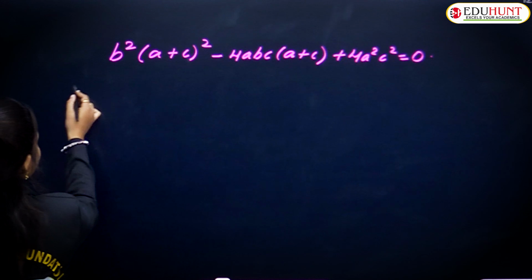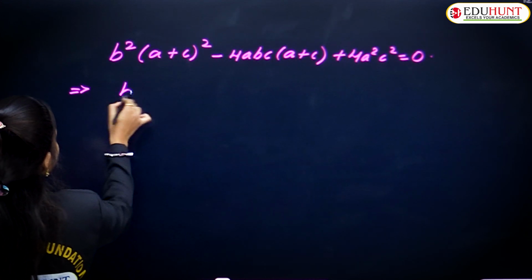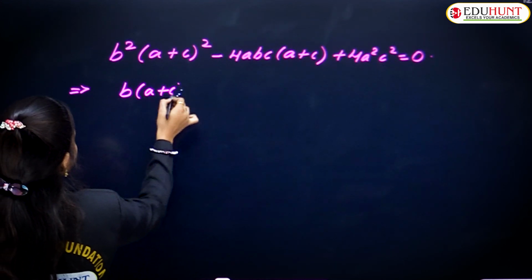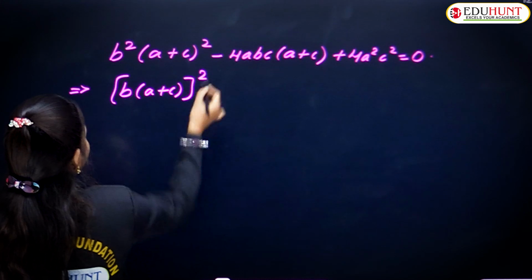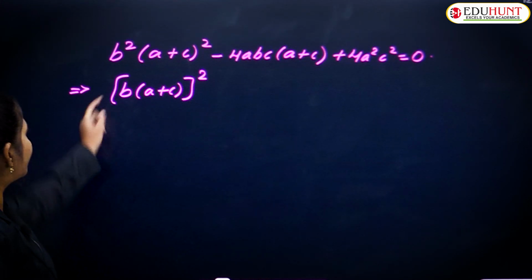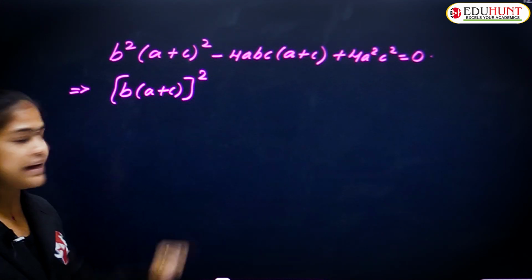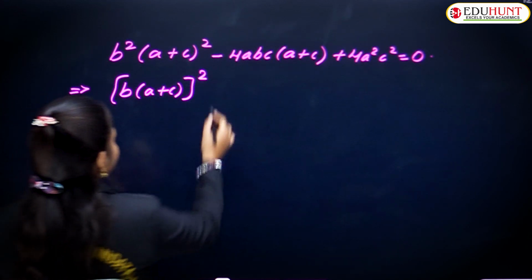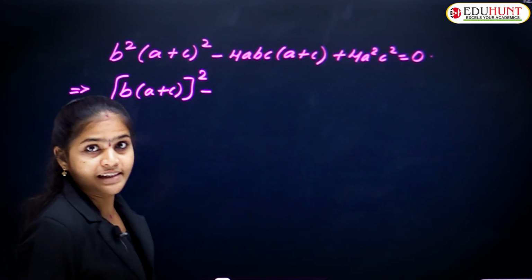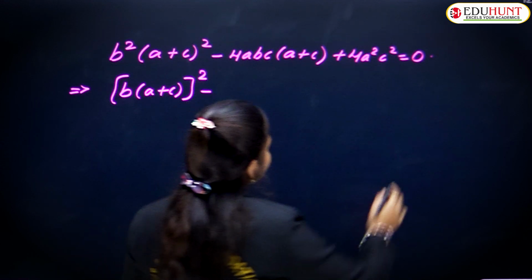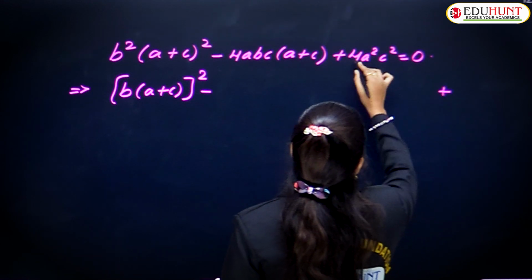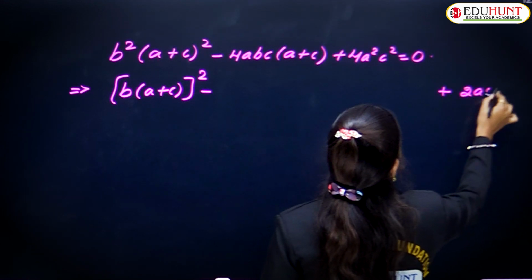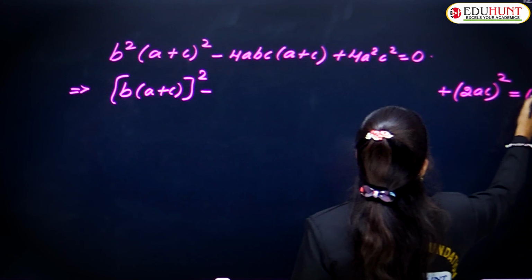Clear? So from this one here, we can write this one as b into a plus c whole square. Shall we write like this? Again, b square, a plus c whole square, we will get that. Minus, just leave that middle term. The last term we will write here. So plus we can write this one as 2ac whole square, which is equals to 0.